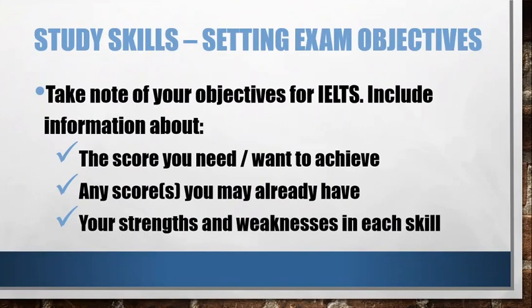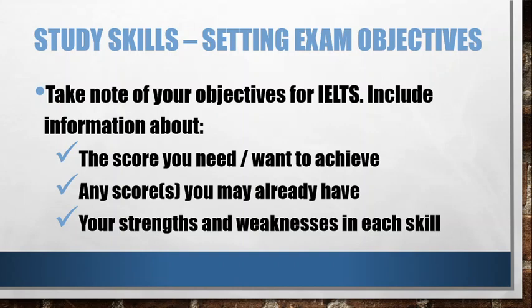All right, so these are the study skills that you may want to have when you are studying IELTS. Make sure that you take note of your objectives for IELTS. So you may want to take note of what score you want to achieve. Do you want band 4, band 5, band 6, band 7? It's really up to you.